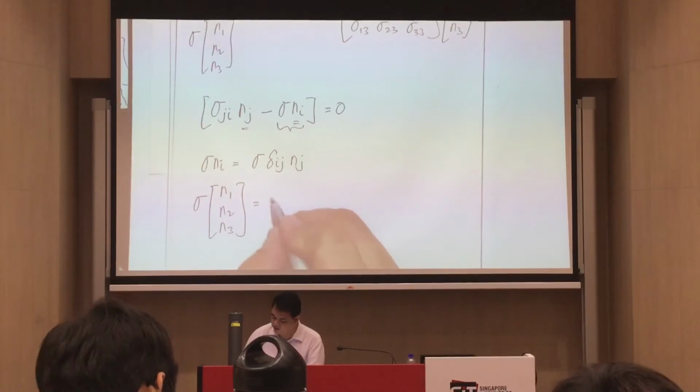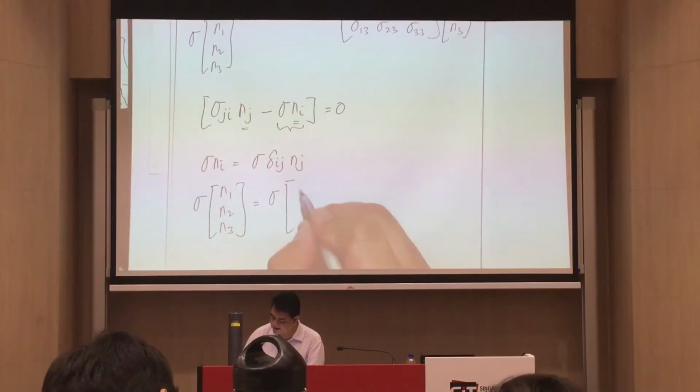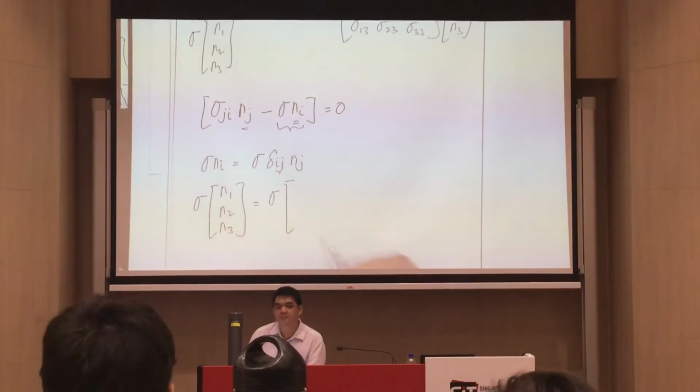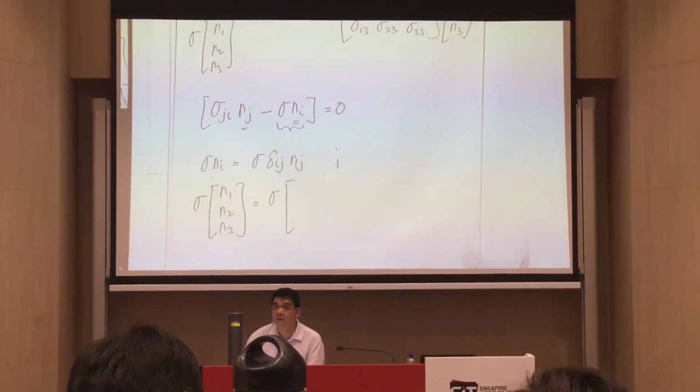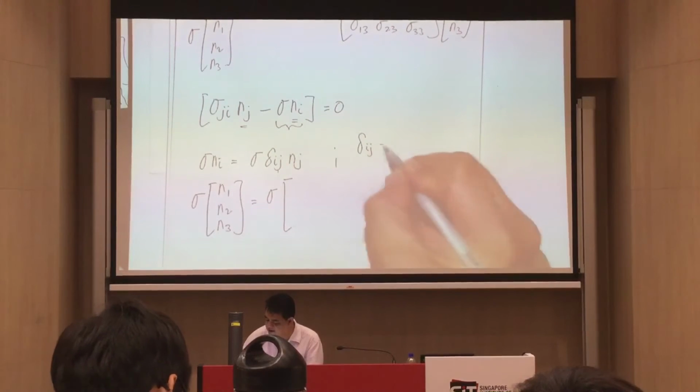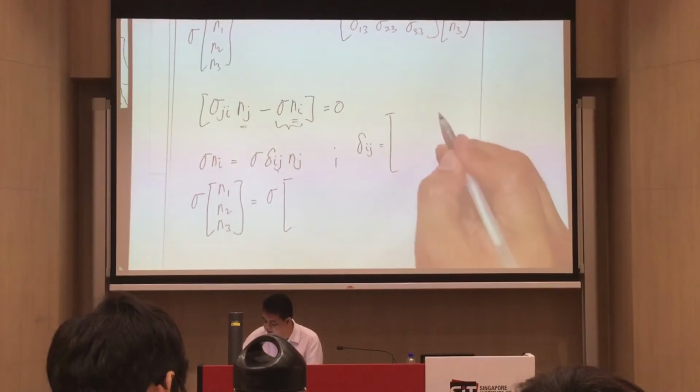If you write this one here, sigma delta ij, let's write it as a 3 by 3 matrix.